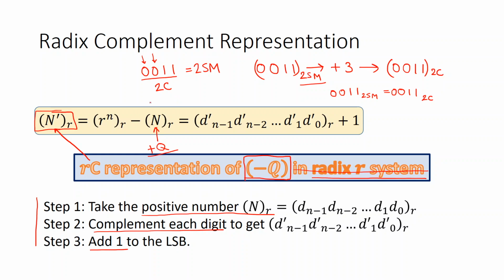So for indicating that it is a positive number, we have to keep the MSB as 0. So the length of the number must be such that there is a provision to make the MSD as 0. So I hope this is clear to you.